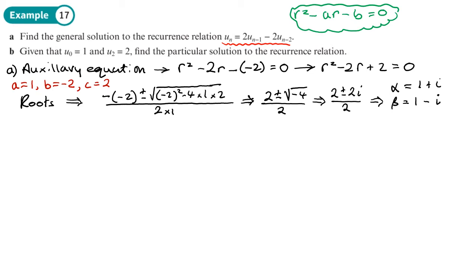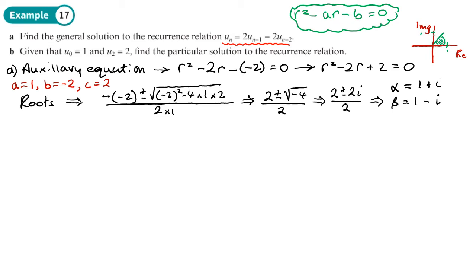Now, this question doesn't say which form to write the solutions in, so we're going to write them in both forms. I've already got it in the a plus ib form, so I want it in exponential form, so I need to know the modulus and argument of that complex number. I'm just doing a little sketch here so I can see where the argument is.